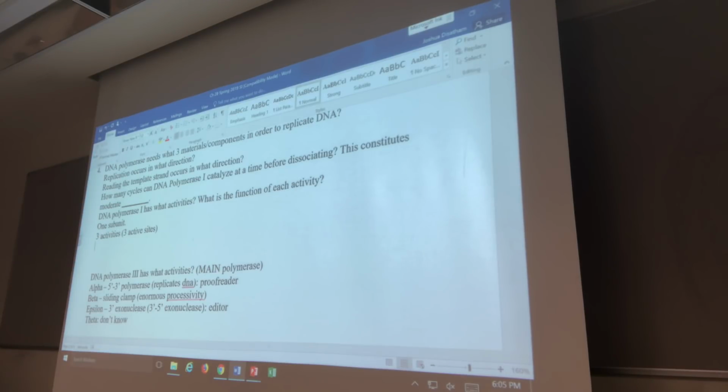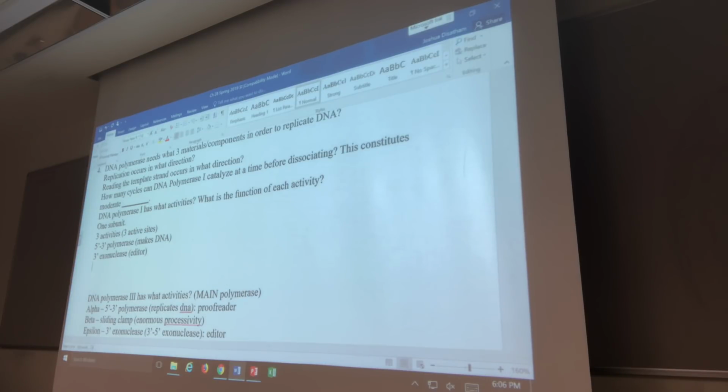Okay. So, 3 active sites, 3 activities. 2 of the activities are the same as in DNA polymerase 3: 5' to 3' polymerase, meaning DNA polymerase 1 makes DNA. It also has 3' exonuclease, meaning it also has the ability to edit DNA. However, the 3rd activity is unique just to DNA polymerase 1, and that is called 5' exonuclease.